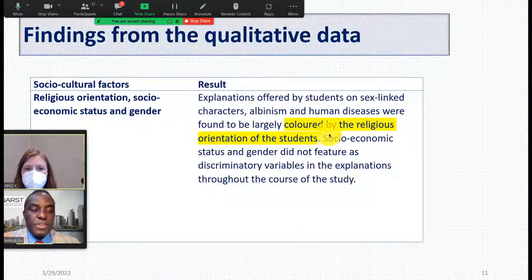A number of the students, especially in the low category, that are highly religiously oriented, will explain this on the basis of religion, that's what God has provided. Socioeconomic status and gender, we found, did not feature as discriminatory variables in the explanations throughout the course of our study.